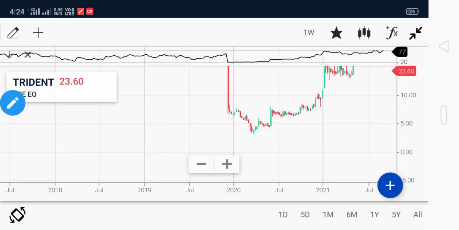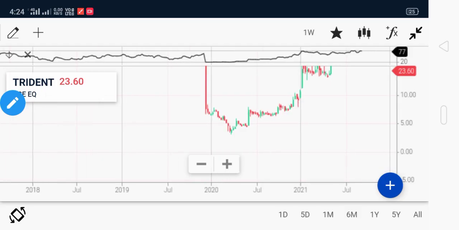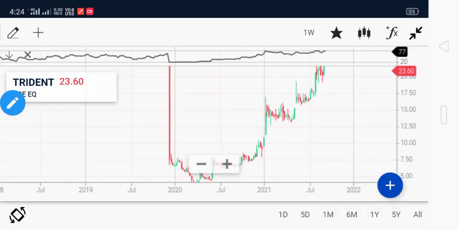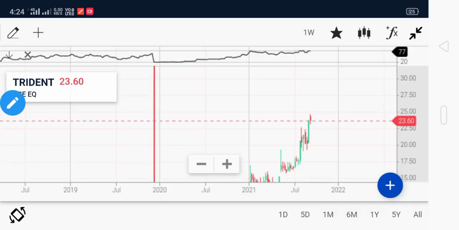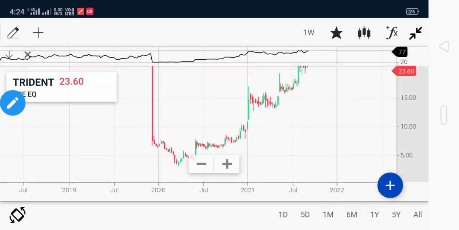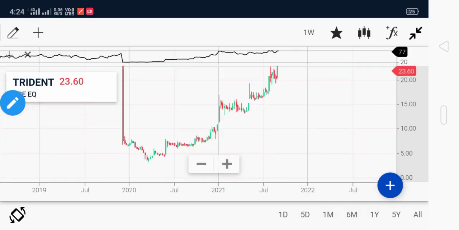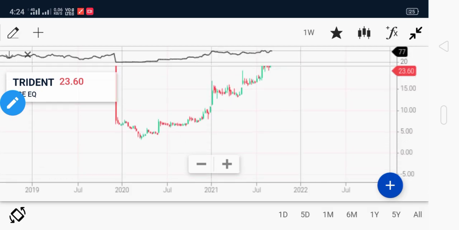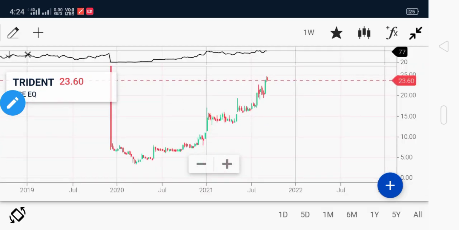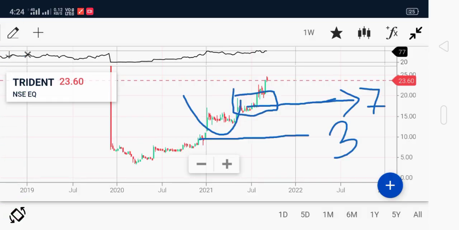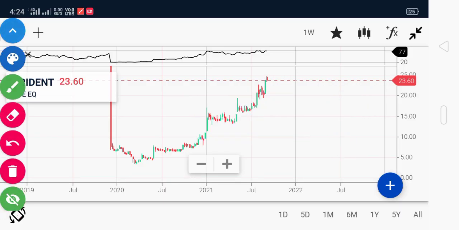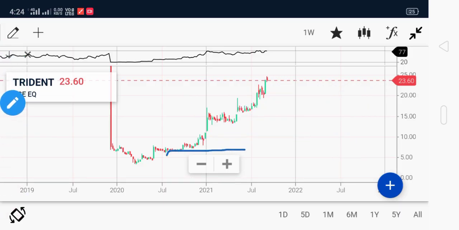And those who can take some risk can use a trailing stop loss. Now see where the stock went. See, we had bought at this place at 7 rupees.